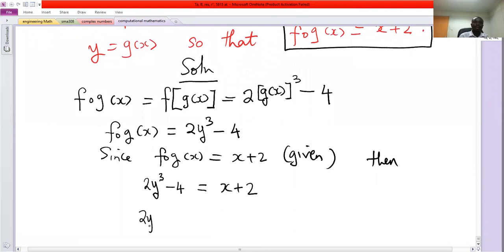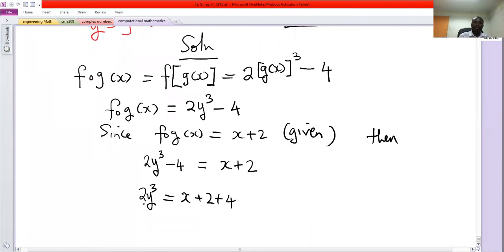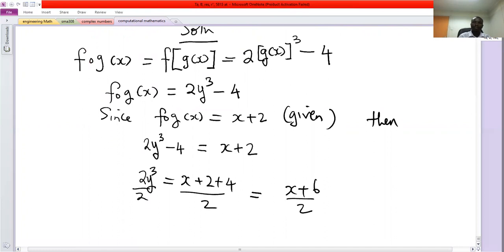So our interest is to get y, to simply make y the subject. So we have 2y cubed equals x plus 2 plus 4. Dividing through by 2, we have x plus 6 over 2. So y cubed equals x plus 6 over 2.